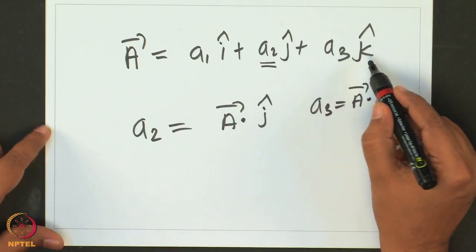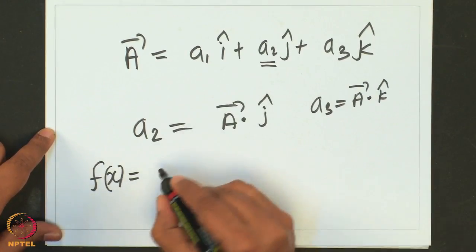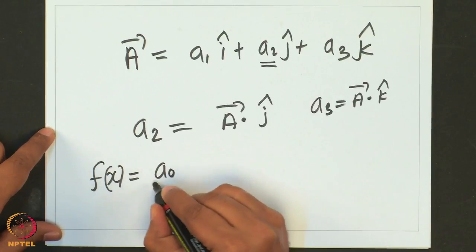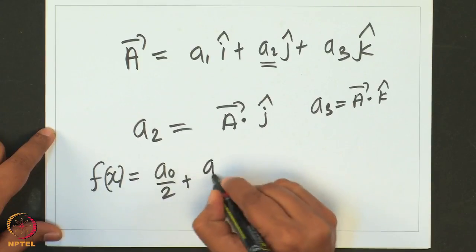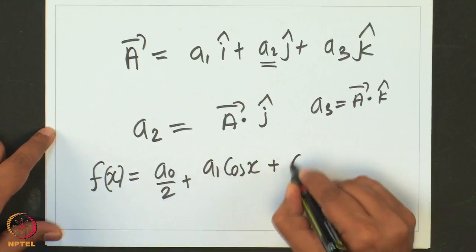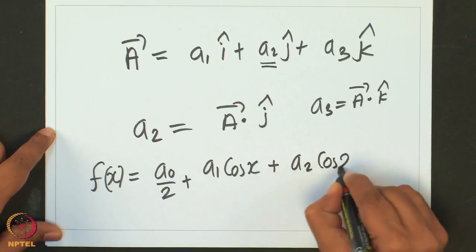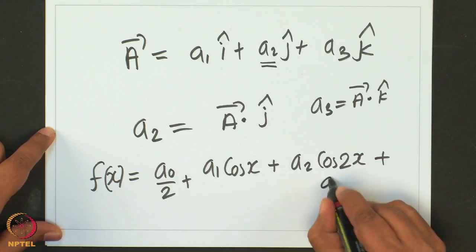Similarly, I now have a function f of x where I would write a0 by 2 plus a1 cos x plus a2 cos 2x plus a3 cos 3x plus so on and so forth.